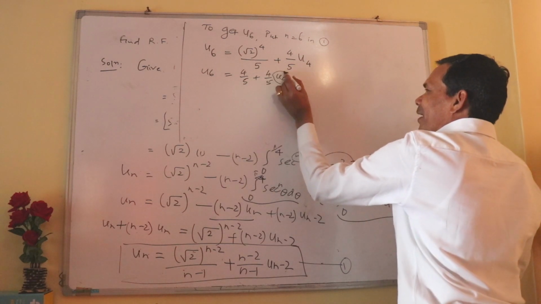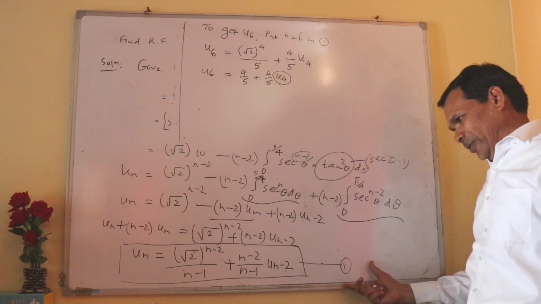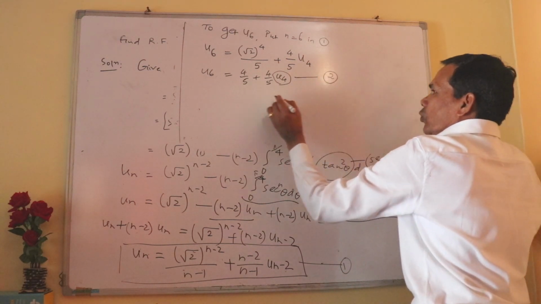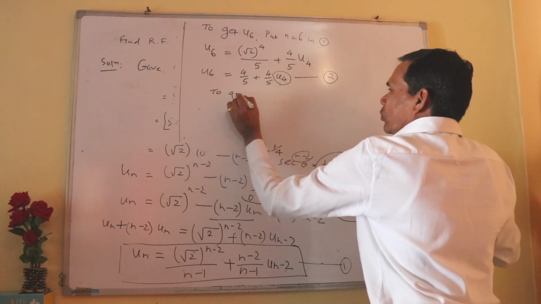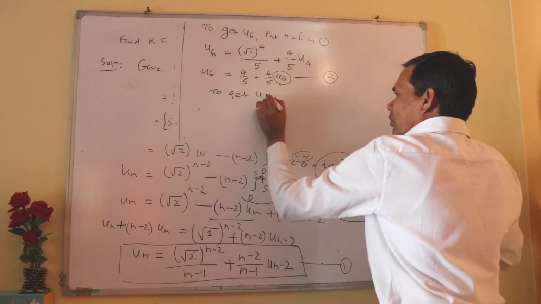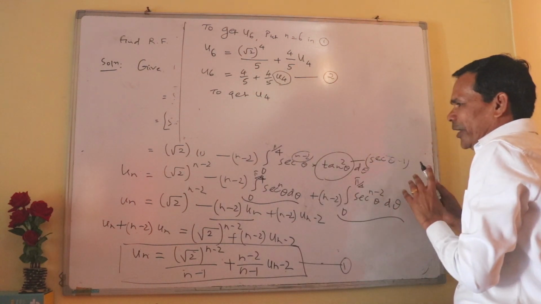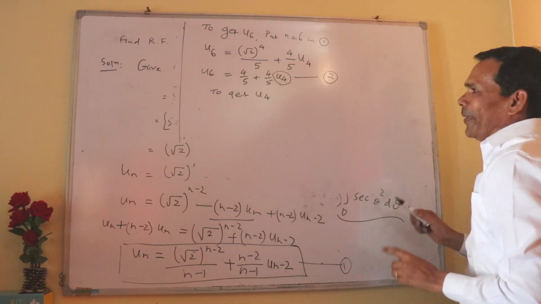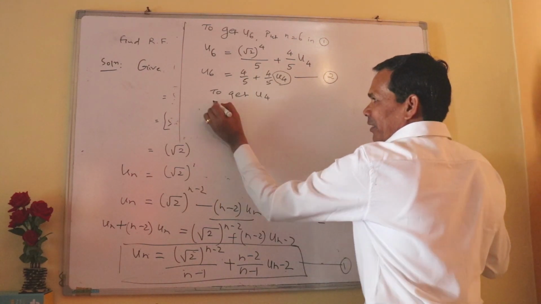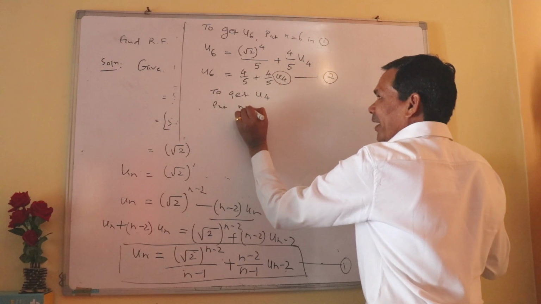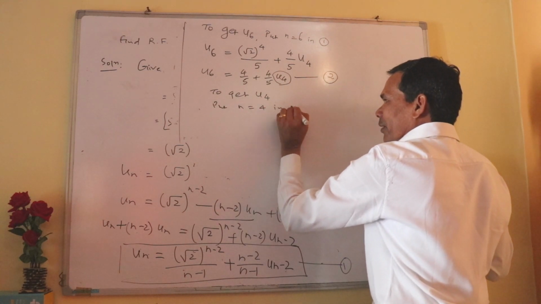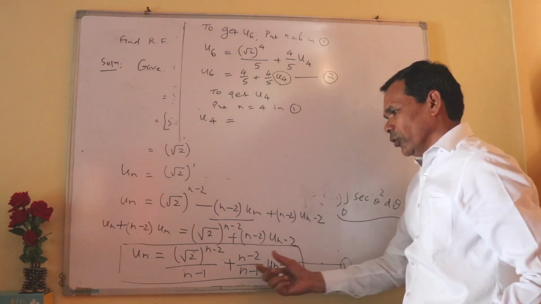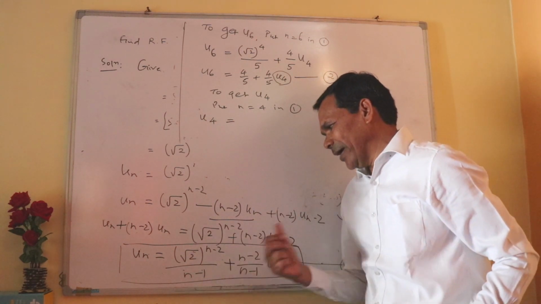Now U4 again I have to calculate from expression 1. So to get U4, I call this 2. This technique is used every time. Just go on putting the values of n there. So put n is equal to 4 in 1. So what happens there? U4 you need to find.